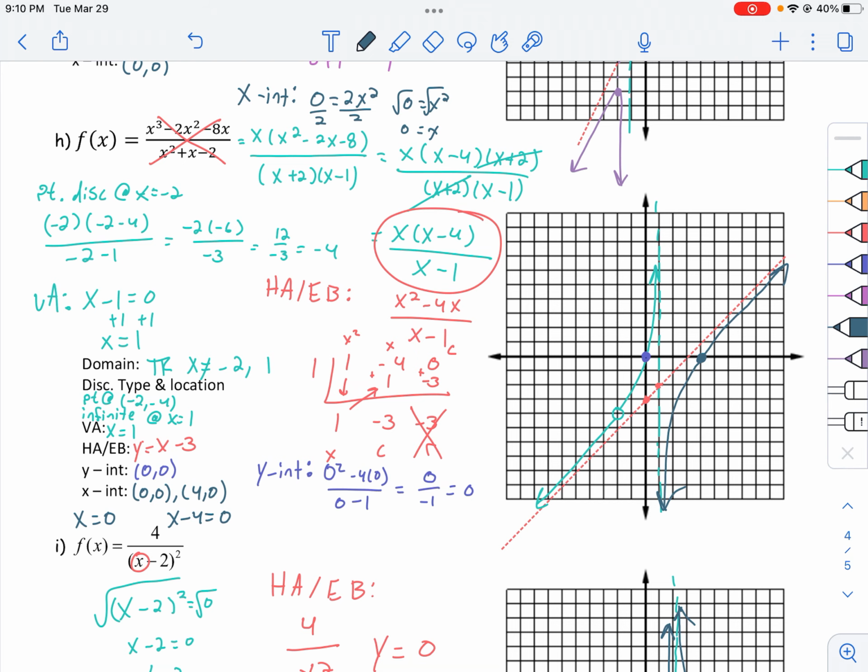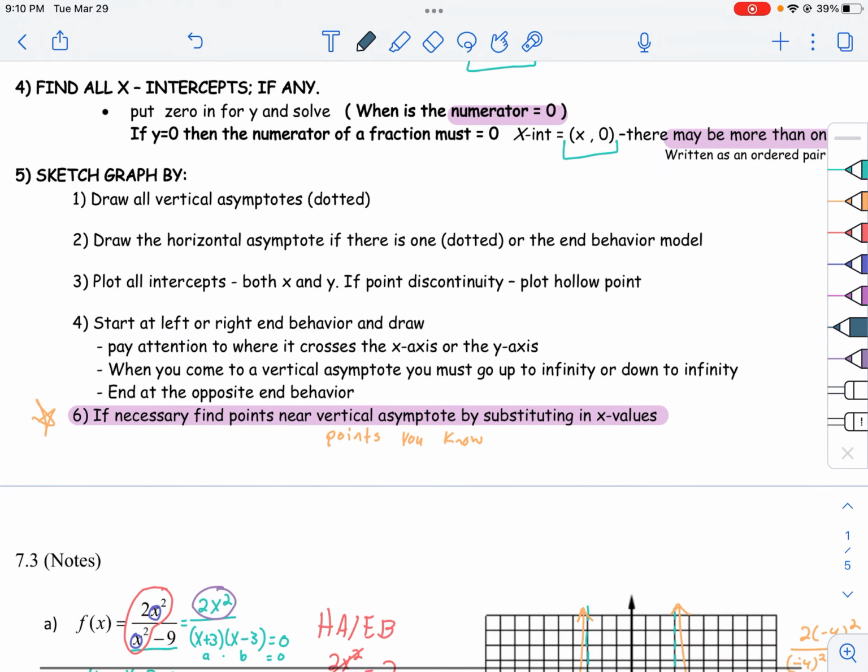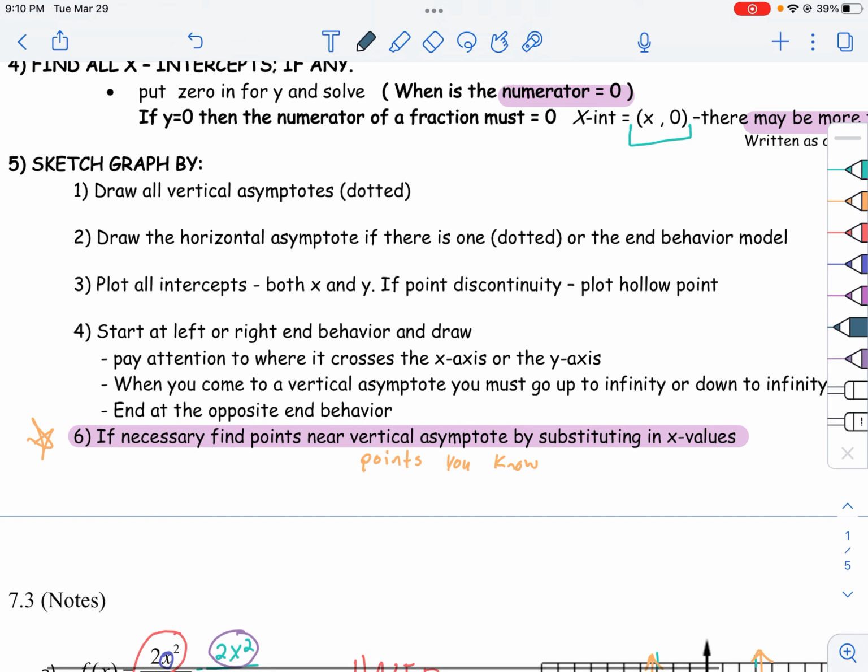They're all going to look different in some way based off of the horizontal asymptotes, the end behaviors, and the vertical asymptotes. So really it just comes down to taking a lot of time to practice these questions and trying to start memorizing these steps, the expectation of the steps here in number 5.